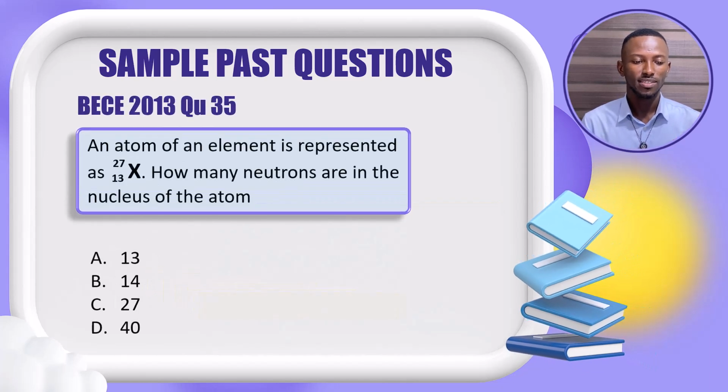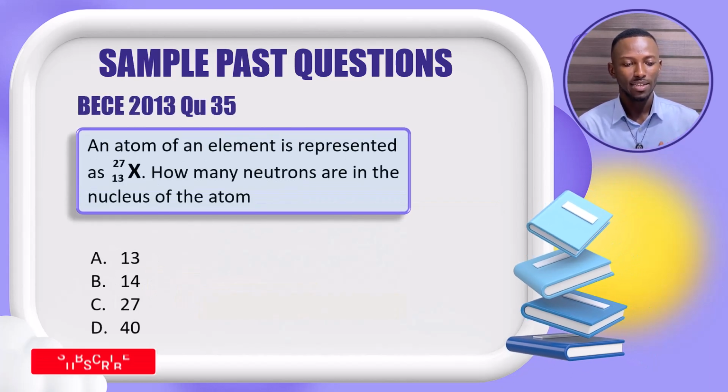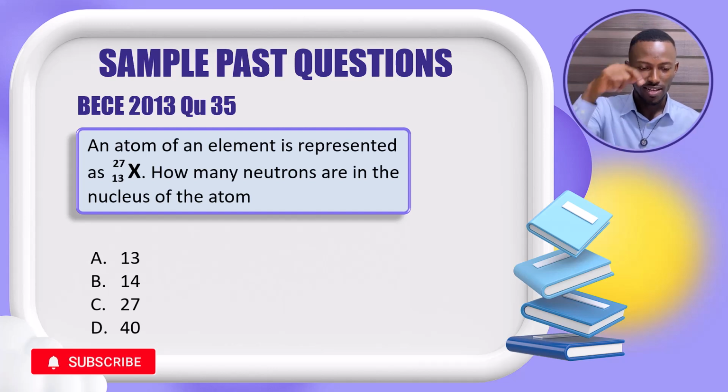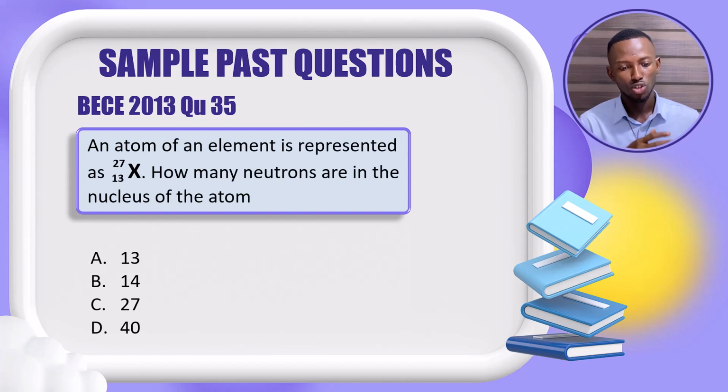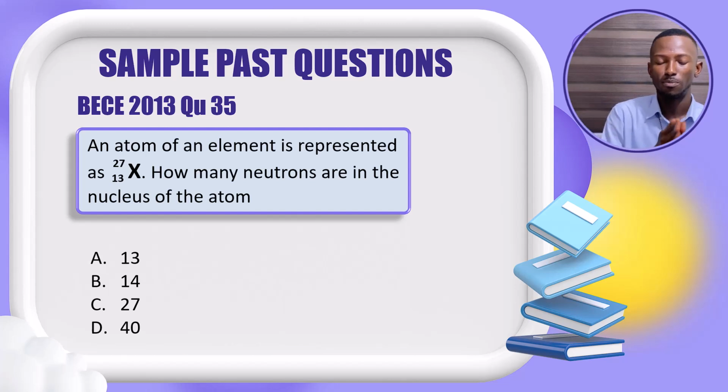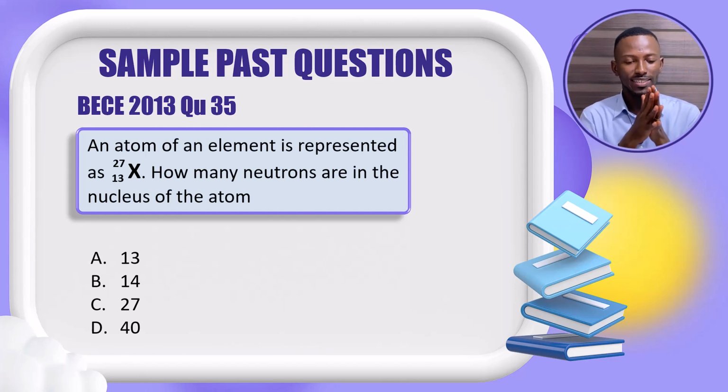For the next question, an atom of an element is represented as X, 27 at the top, 13 at the bottom. How many neutrons are in the nucleus of the atom? What information can we glean from this question? The element is X, and its atomic number is 13, because the atomic number is written at the bottom and refers to the number of protons.